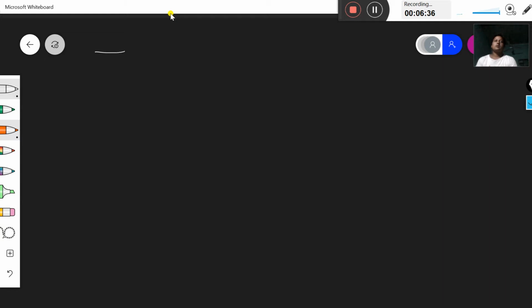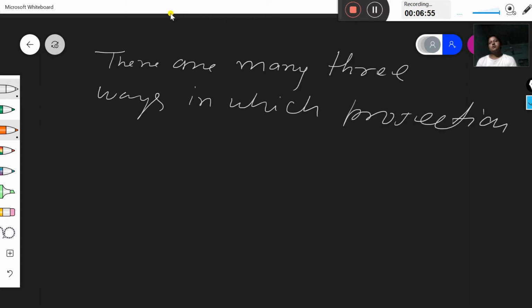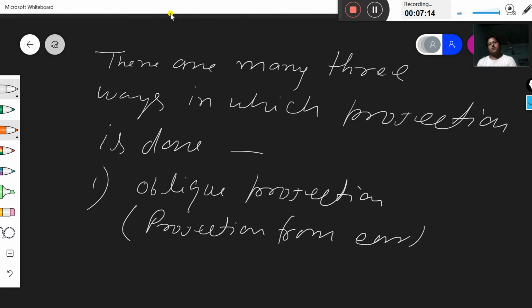There are mainly three ways in which projection is done. First one is oblique projection, or projection from Earth's surface.